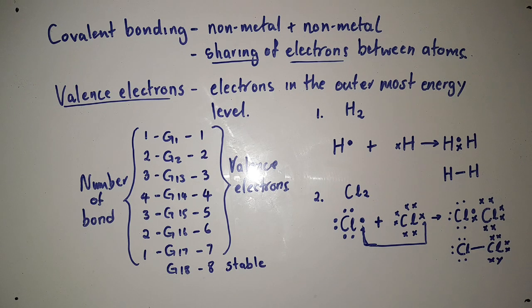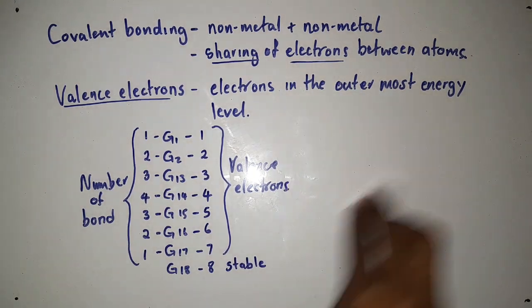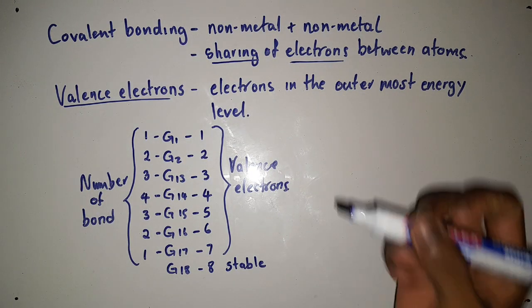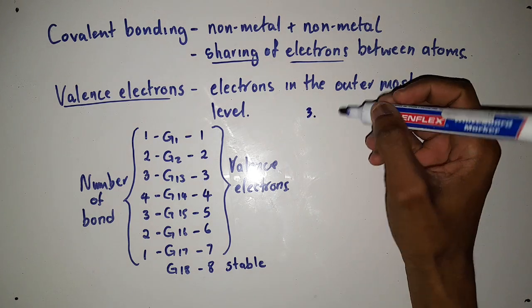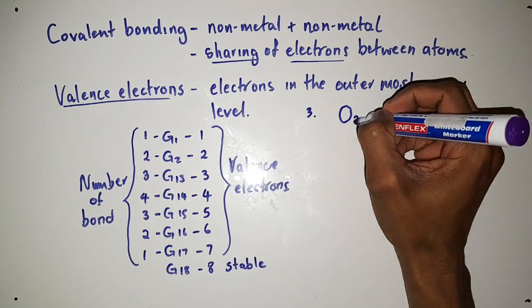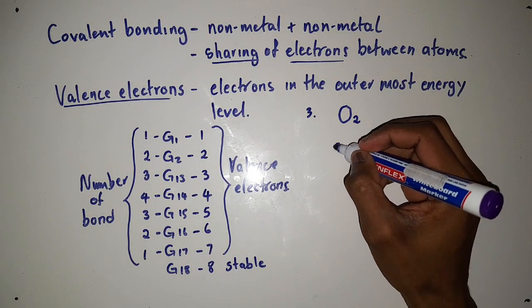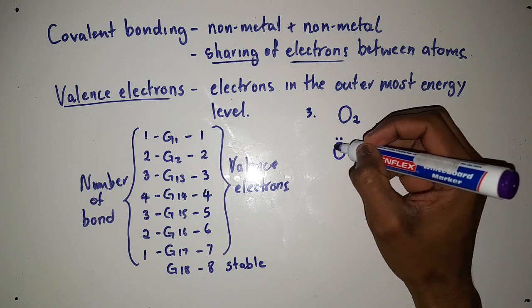You see, let me give you another example. Suppose now I have, let me give you oxygen, O2. Let me write number 3. Suppose we have O2. You start by separating them like this.